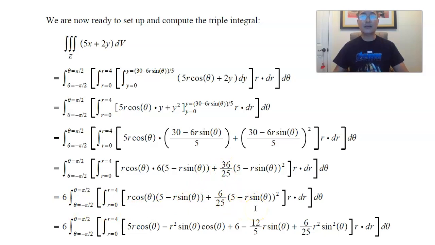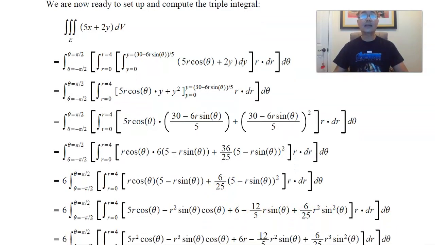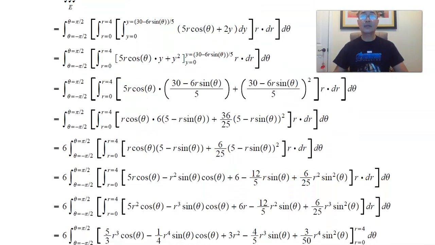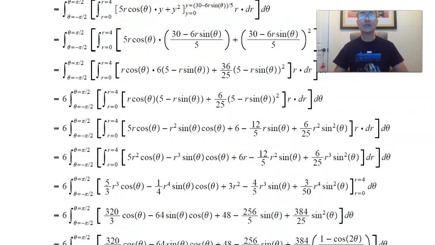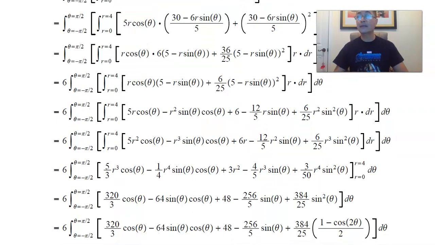We have to square that. Okay, so we're going to get 25 minus 10 r sine theta plus r squared sine squared. I distributed the 6 over 25. So we have these terms, and then we keep going. Let me just scroll down to the bitter end.